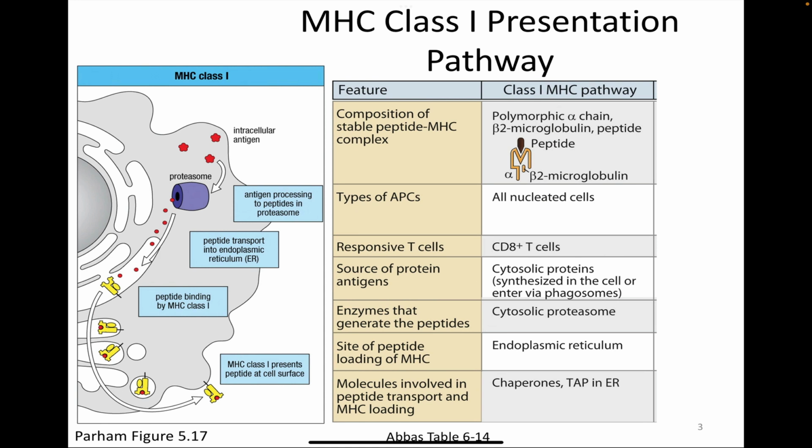summarized here. Remember, class 1 has its heavy chain, the alpha chain, along with the smaller beta-2 microglobulin, or beta-2M, that's not covalently attached. And here you can see the peptide binding cleft. All nucleated cells are presenting on class 1, and they're presenting to CD8 positive T cells.